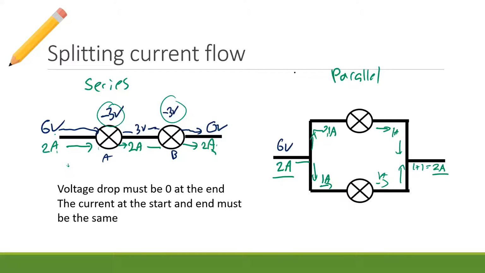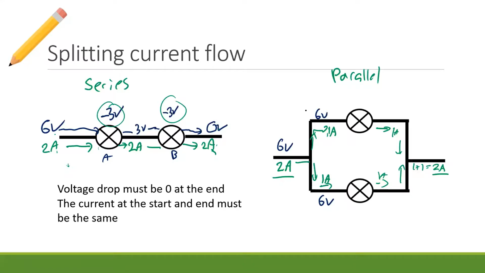So this current still has 6 volts, and this current still has 6 volts. The electrons have split, but they still have that 6 volts worth of energy. They still want to get to the end, still want to get to that positive charge. So they've still got that 6 volts.